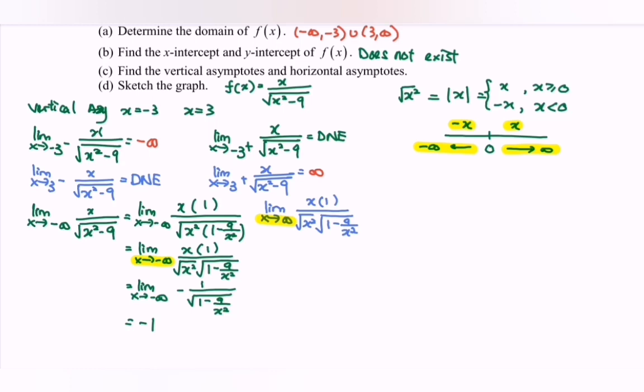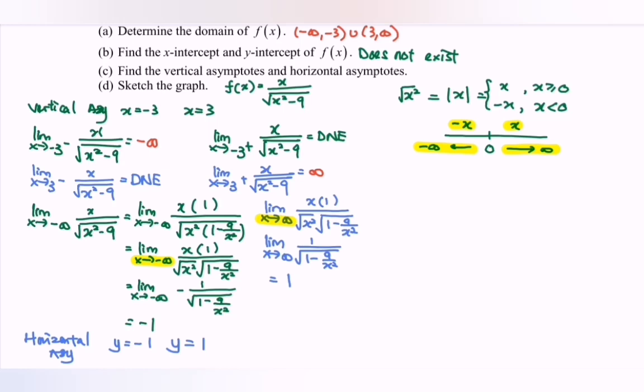If we simplify, the limit when x approaching positive infinity, we will have 1 over the square root of 1 minus 9 over x squared. So the value of y will be 1. So the horizontal asymptotes would be y equals negative 1 and y equals 1.